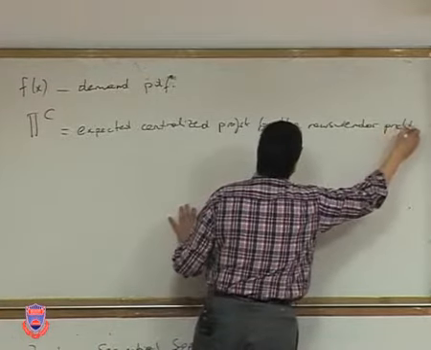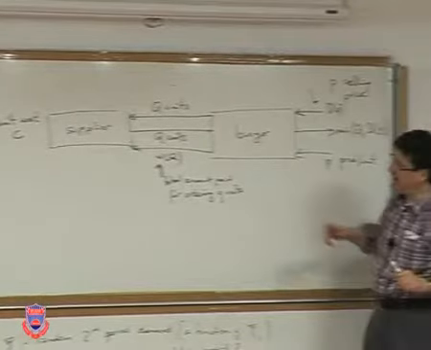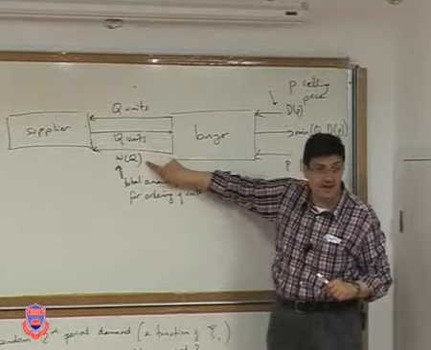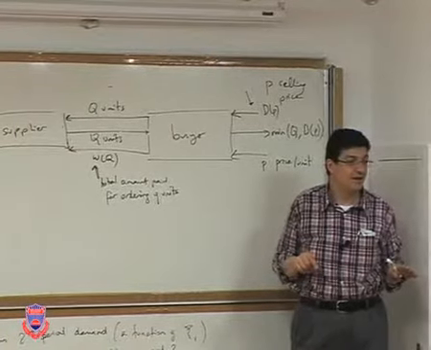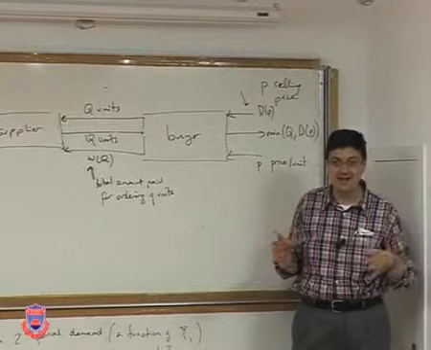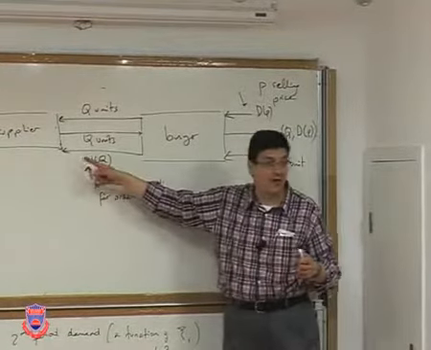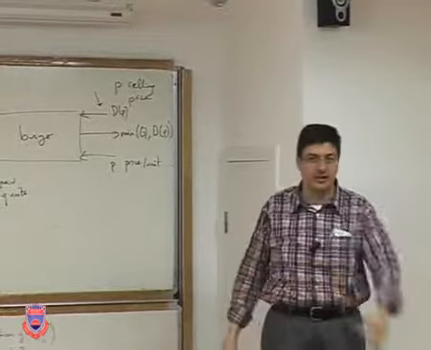Now, what do I mean by centralized? When I have the centralized problem, I'm not interested in the financial flow between buyer and supplier, because I am thinking of this as a single system, so whatever I pay to the supplier is basically money that I put from one pocket to the other.